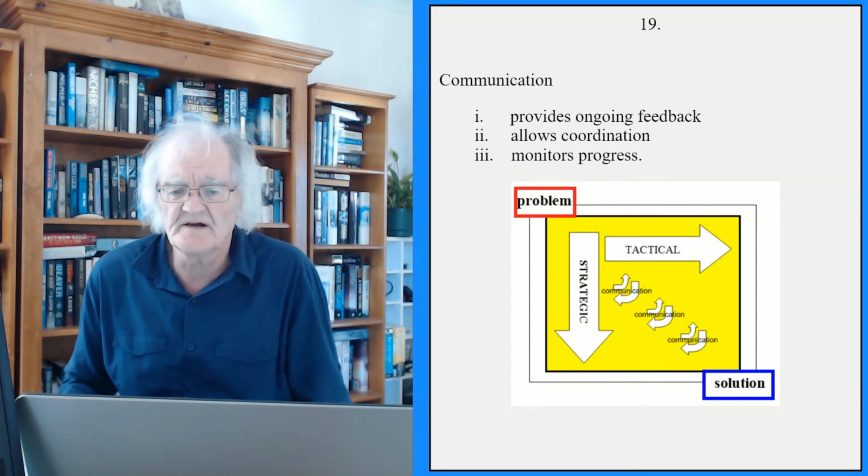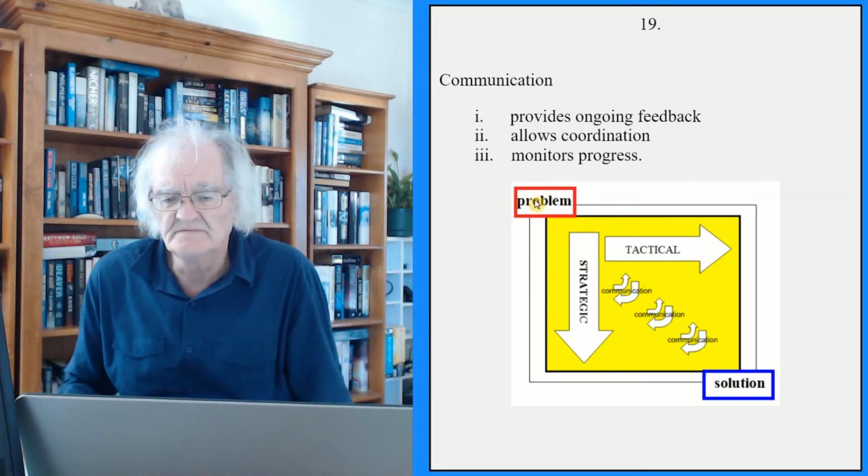So in the diagram we have the strategic manager communicates with the tactical experts. End result is that between the problem and the solution you have a lot of back and forward communication to make sure everything is going well.